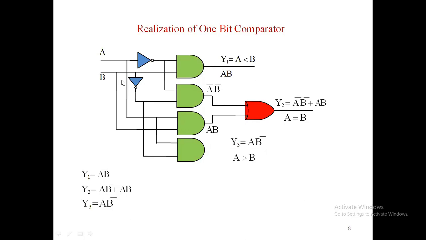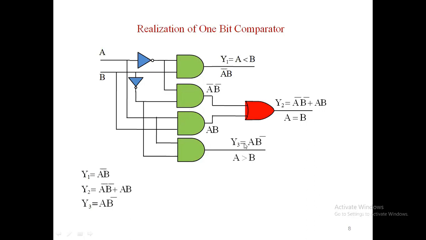So next here 2 AND gates, that is a bar b bar plus ab. And the next AND gate takes the direct a value and direct b value. These two AND gate output values are connected as inputs to the OR gate, that is y2 is equal to a bar b bar plus ab.